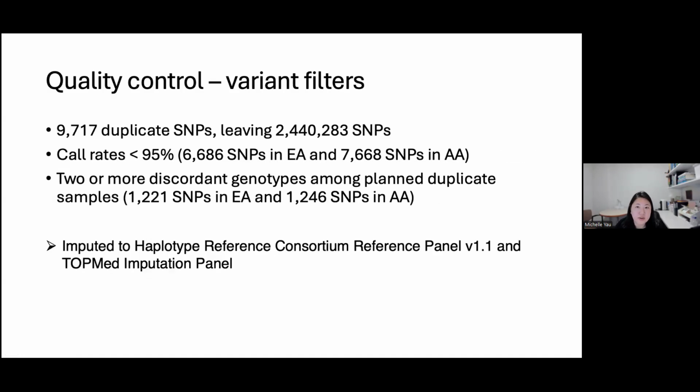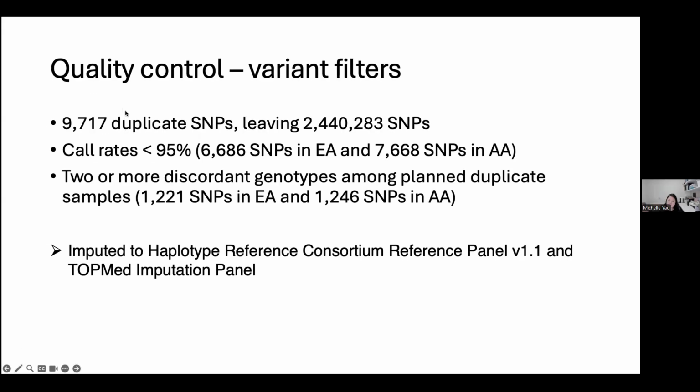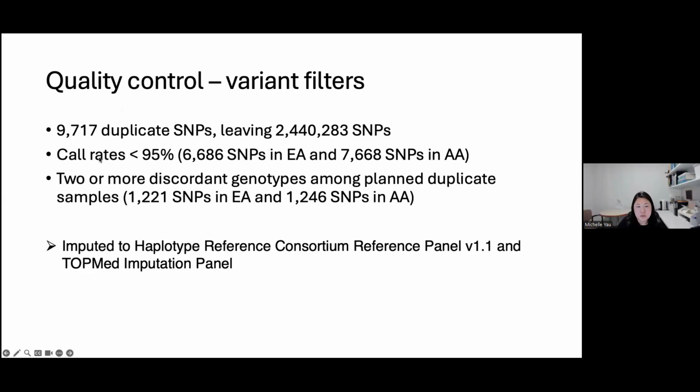We also have SNP variant filters. We removed those SNPs that were duplicated. We also removed SNPs that had call rates that were less than 95%. We did have a number of planned duplicate samples so that we could look at discordant genotypes, and where there were 2 or more discordant genotypes, we excluded those SNPs.